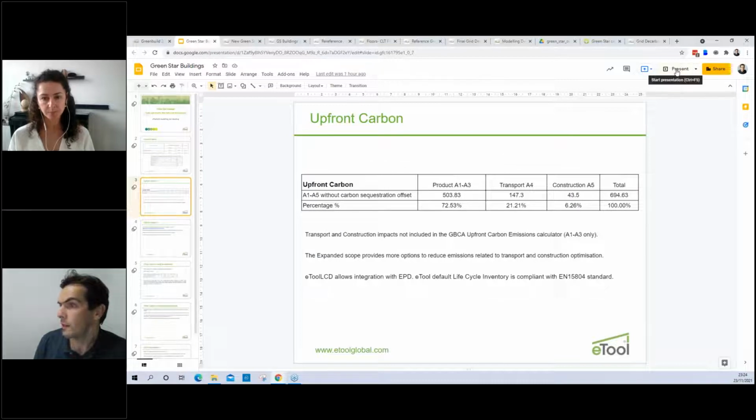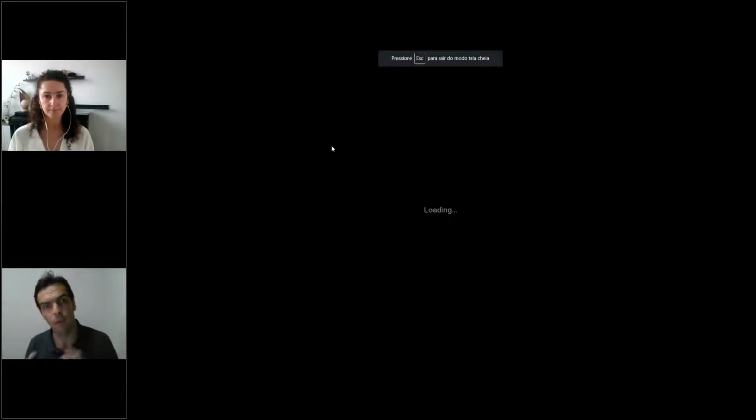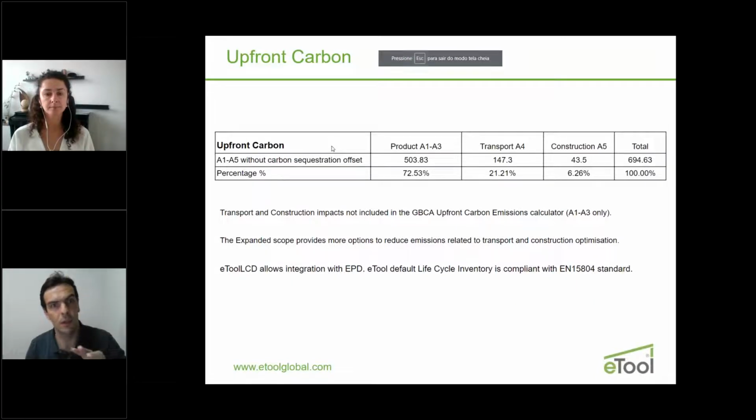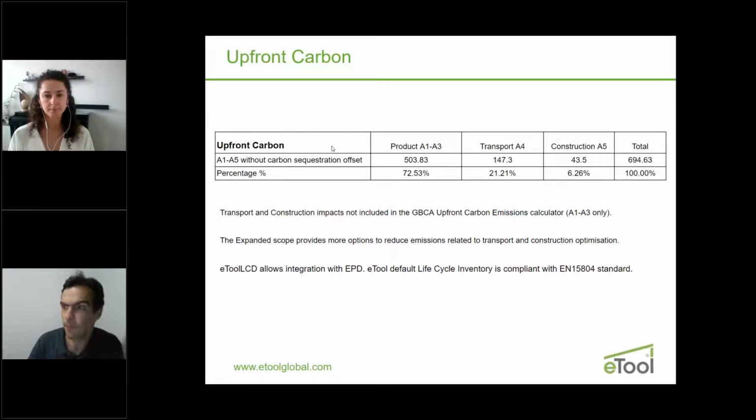The other one regarding upfront carbon is that you have two pathways. You can use the Green Star calculator, and that is a limited scope. It's only the product stage from A1 to A3, or you can use the life cycle assessment pathway, and that includes also transport and construction, which is A4 and A5.